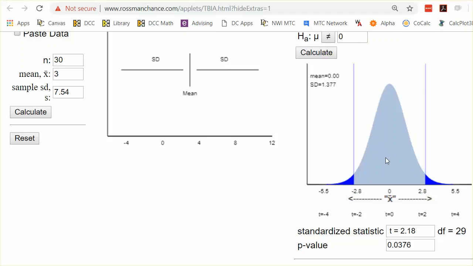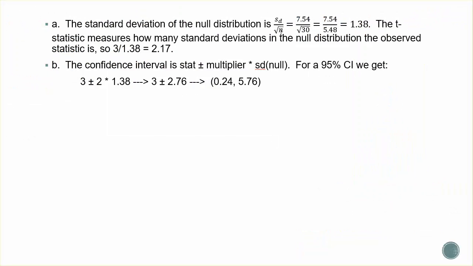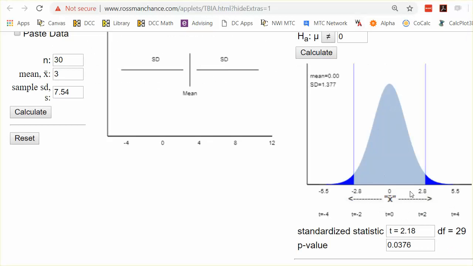We know it's going to be a bell curve, but how wide? Well, the standard deviation of the null distribution should be the sample standard deviation divided by the square root of the sample size. If the sample size is 30, the square root of 30 is 5.48, the sample standard deviation is 7.54, and so we'd expect the standard deviation of the null distribution to be 1.38, which is what you're seeing here. Yep, exactly what we got there.